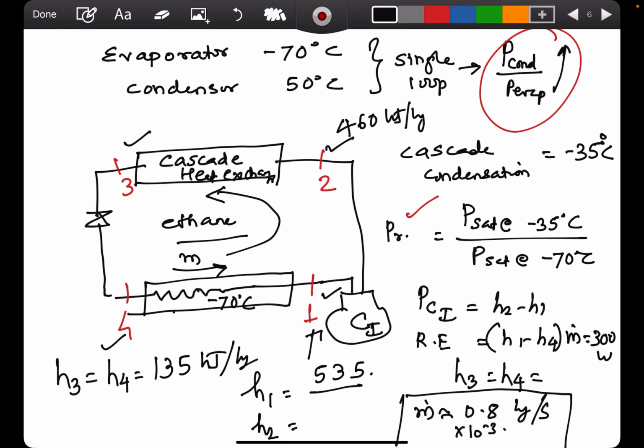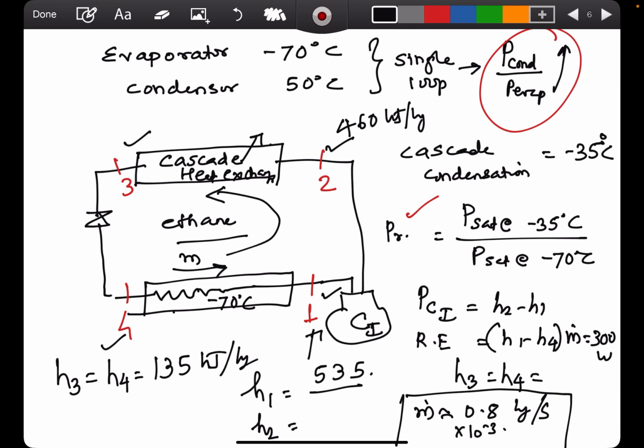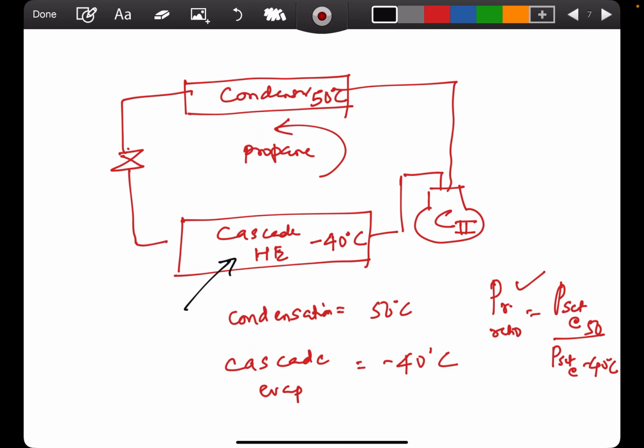Now what would happen is this heat has to be rejected in the low temperature cascade, and where will it go? It will go here. The heat which is rejected by this cascade heat exchanger would go into the cascade heat exchanger of the upper temperature loop, the high temperature loop.